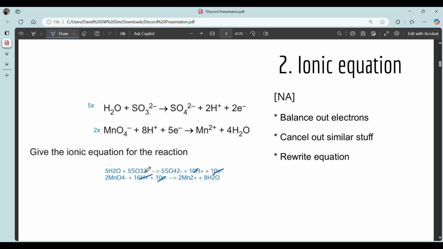So we cancel it out partially. We can also cancel out H2O partially to get 3H2O here.